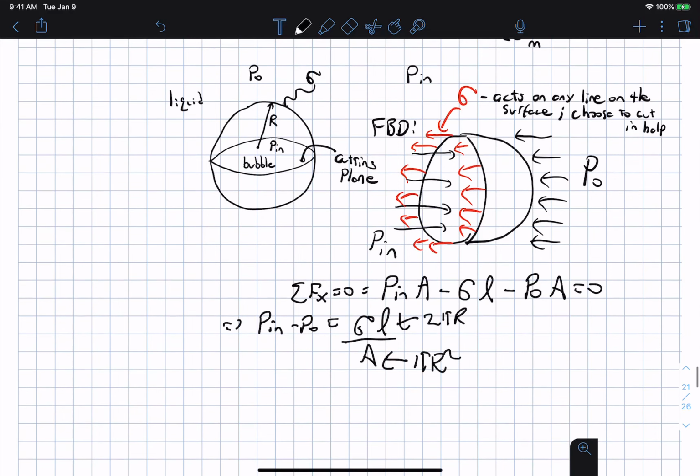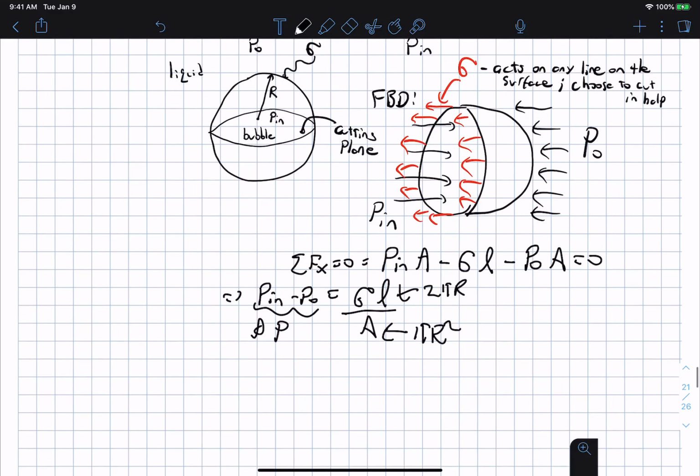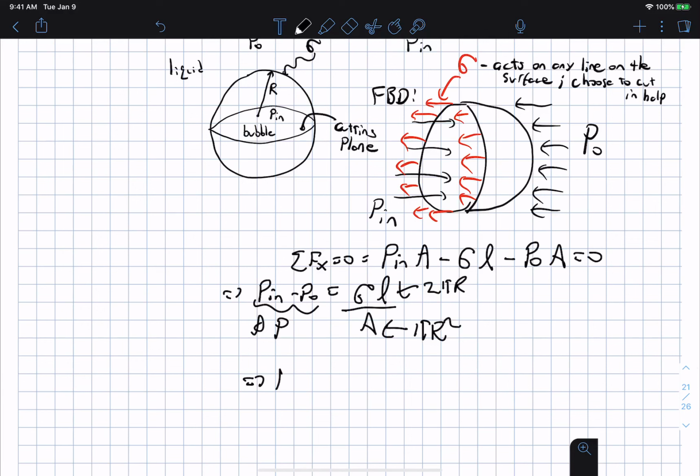This pressure difference is the difference between the pressure inside of the bubble and outside of it, and I'm just going to call that delta P. So this implies that delta P equals 2 times sigma over r.